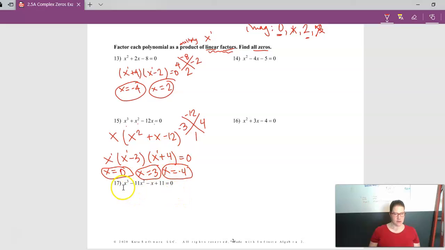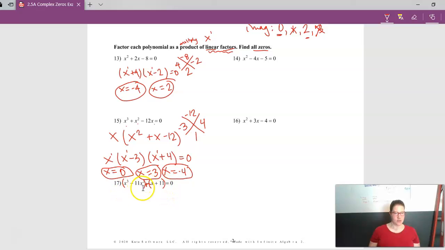On number 17, notice we have those 4 terms. So in this case, we would factor by grouping. Remember, if there is a negative between the two middle terms when we're factoring by grouping, we have to pull that negative inside and change that to a plus, so we don't inadvertently end up changing 11's sign as well and making the problem different.